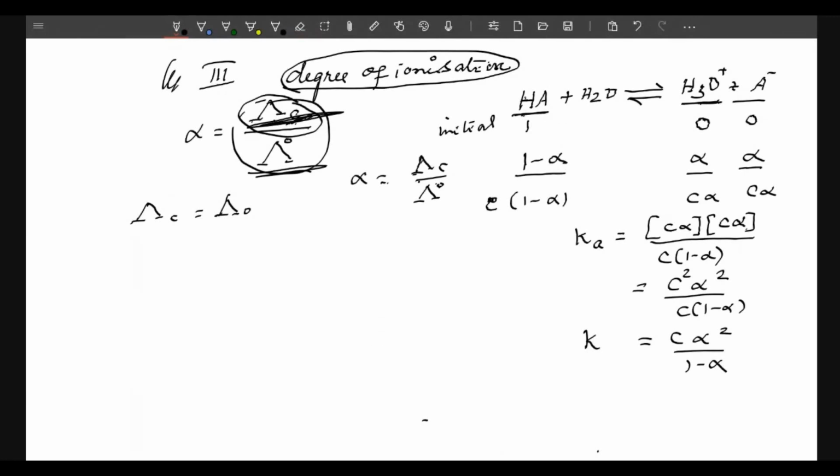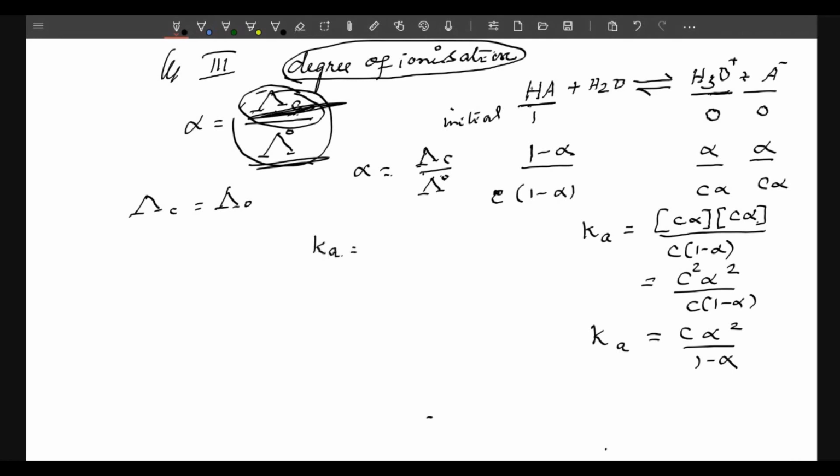Ka is equal to, or we can rearrange this, Ka is equal to C concentration into alpha square, lambda square by lambda naught square, divided by 1 minus alpha. Alpha is nothing but lambda C by lambda naught.